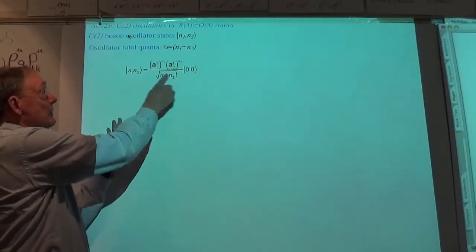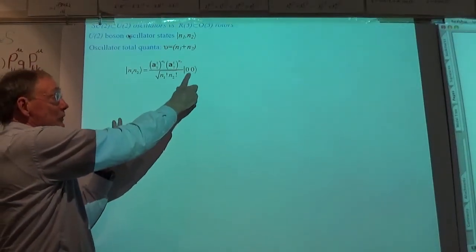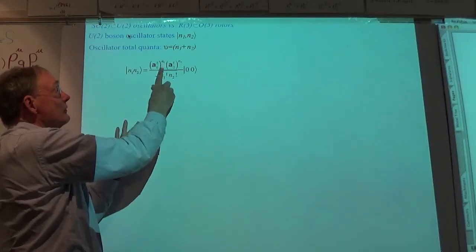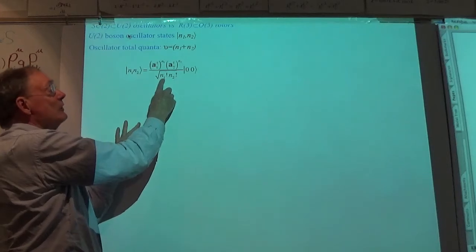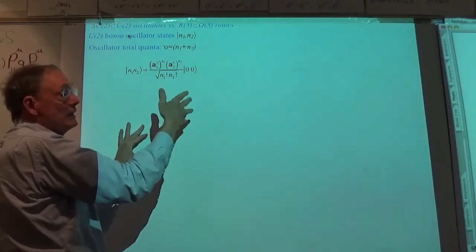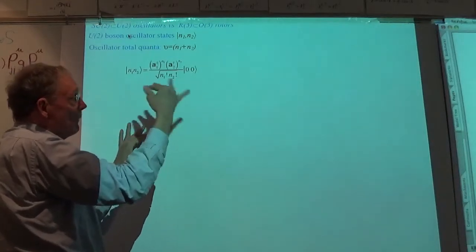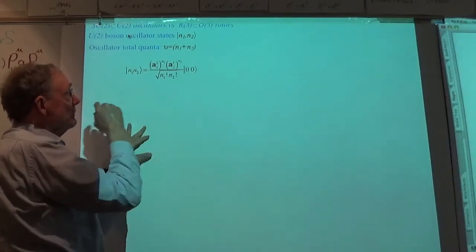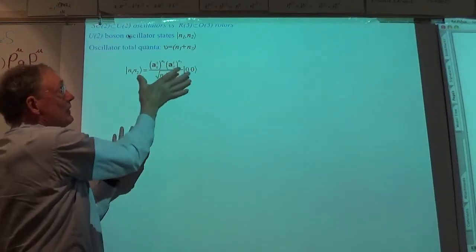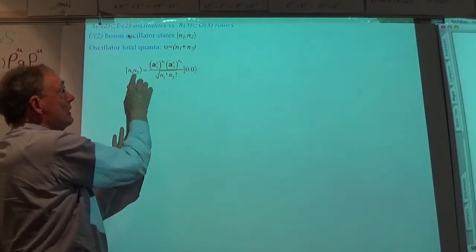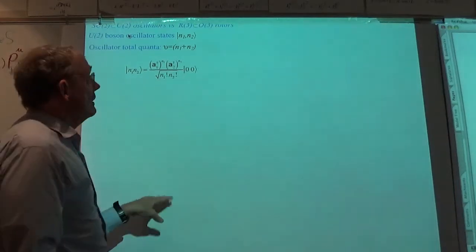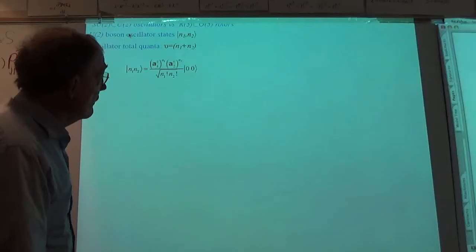There's the operator that's going to make it out of the vacuum. Now we're using 0, just one single 0. Number of bosons for the spin up dimension, or whatever the first dimension is. It could be A or B or C, Y, Z, X. They're all possible, or any combination of them is absolutely going to give you the same form for the creation of the eigenstates. And there's the normalization that we worked so hard at doing with the binomial stuff.